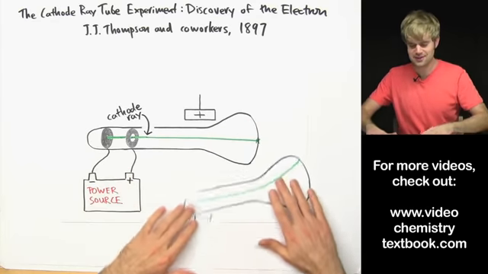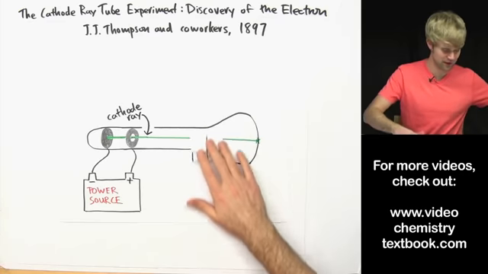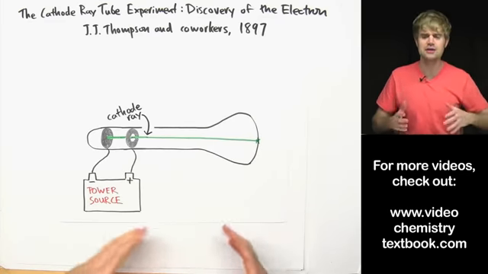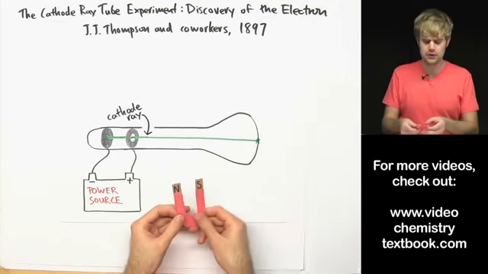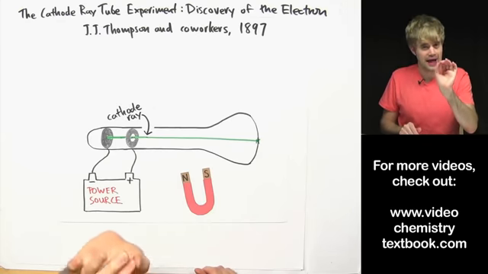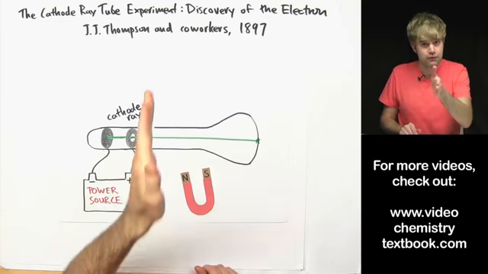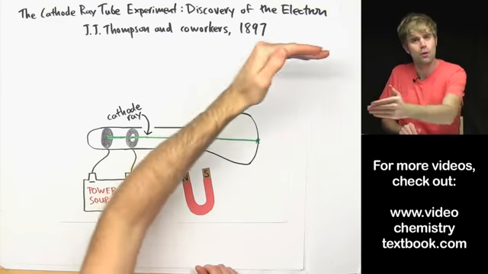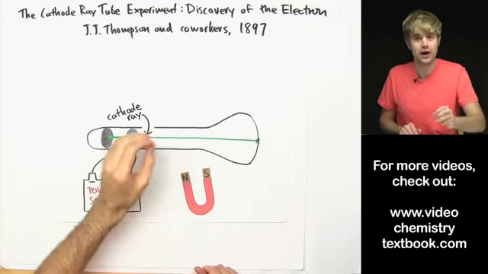But just because he wants to be very careful, he's a very careful guy, he tries to check this another way. So he uses a magnet. If something has an electrical charge and it's moving, a magnet will push it in particular directions.